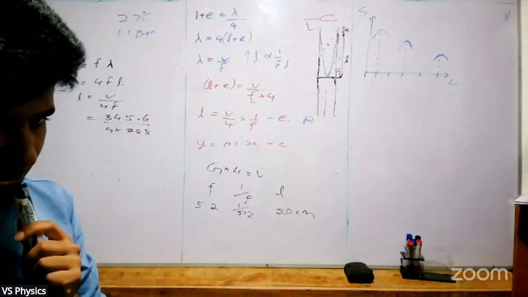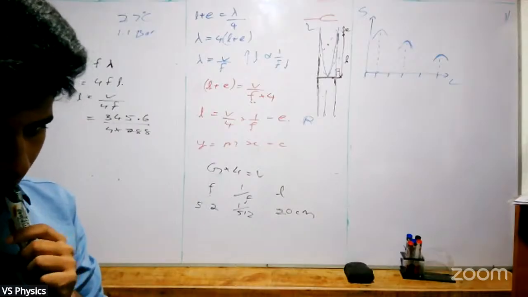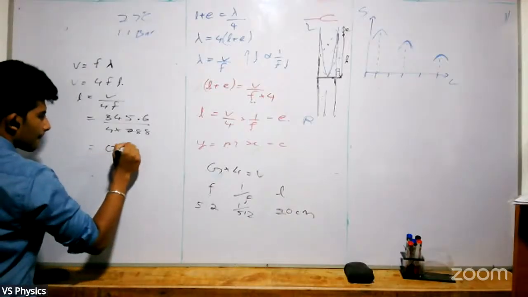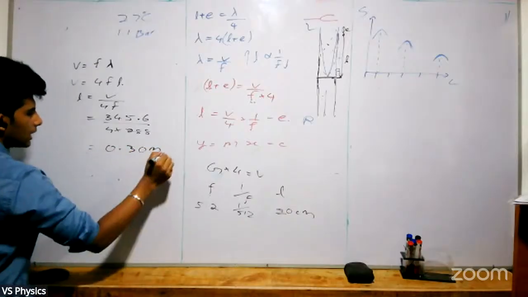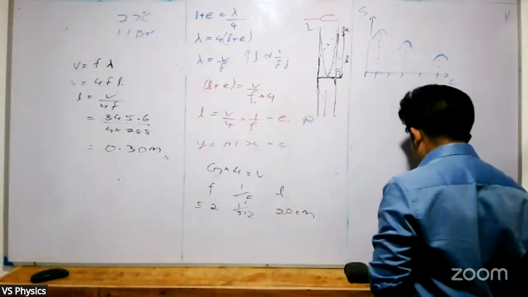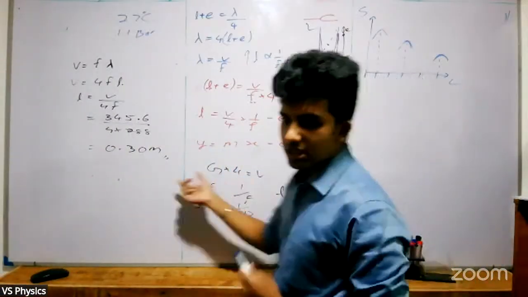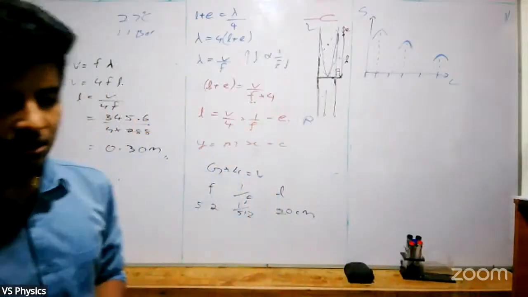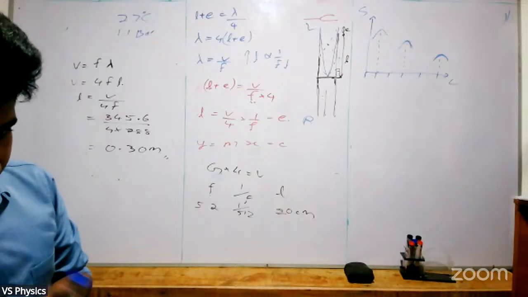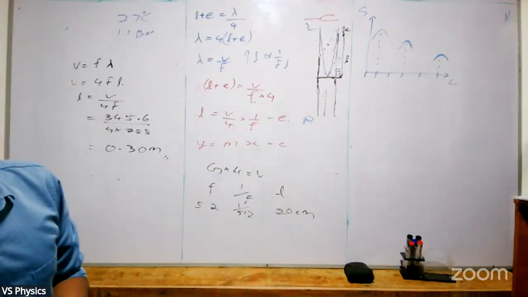So what will be our answer? Then we have to find a tube which is greater than that. We need a tube longer than 30 centimeters. Okay, what is next?